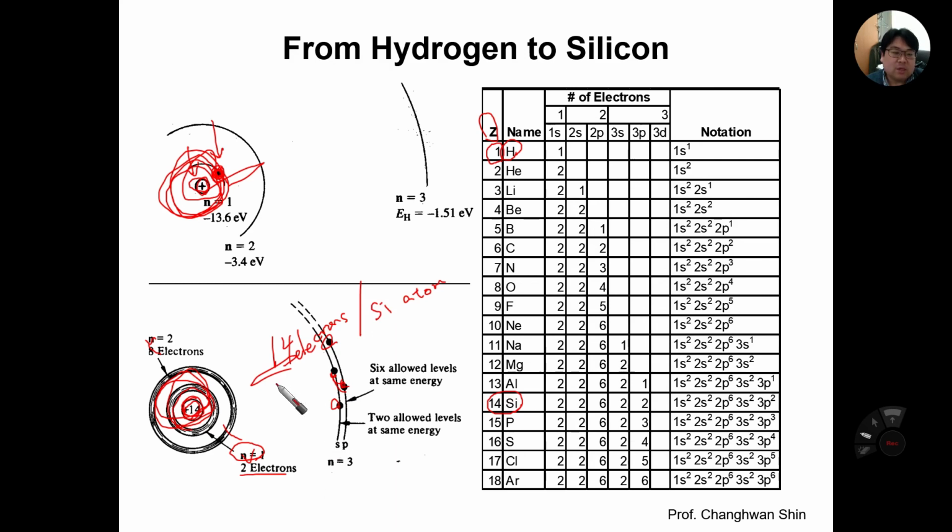And for the orbit for primary quantum number two, 8 electrons can get in. So a total of 2 plus 8, 10 electrons are tightly bound with the 14 positively charged particles.